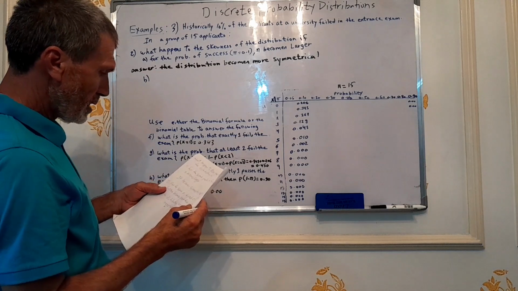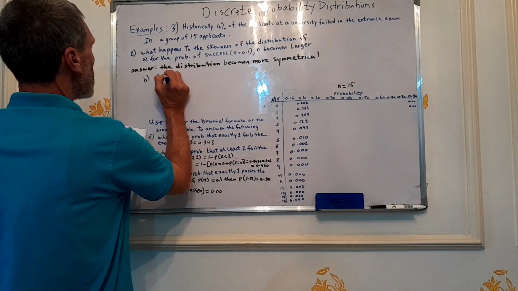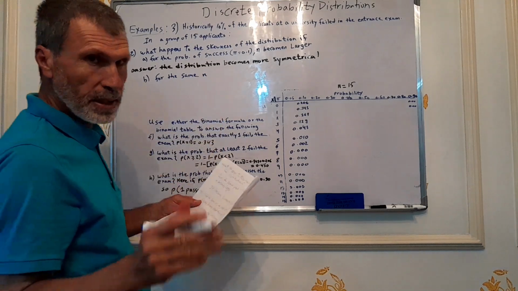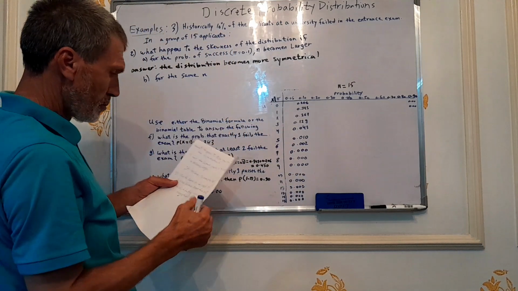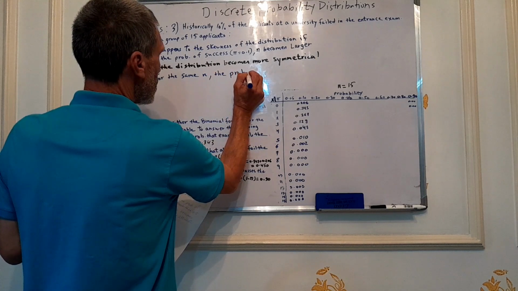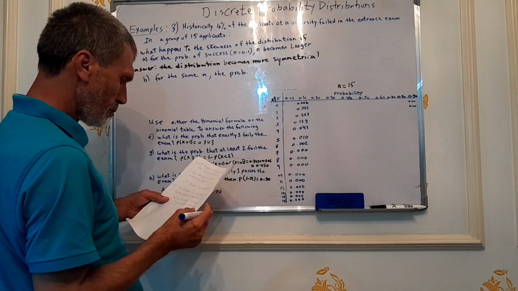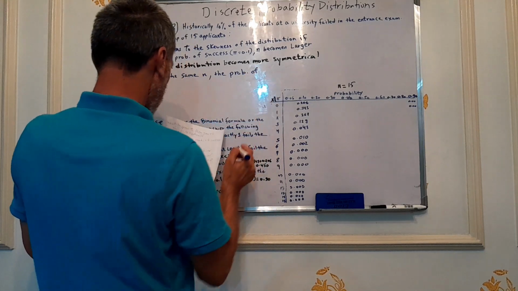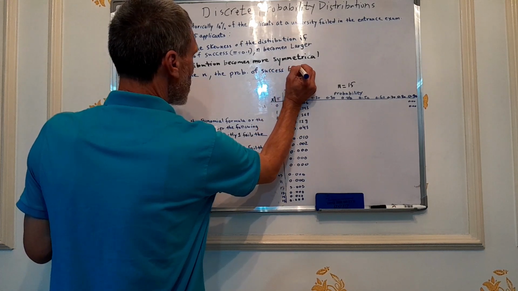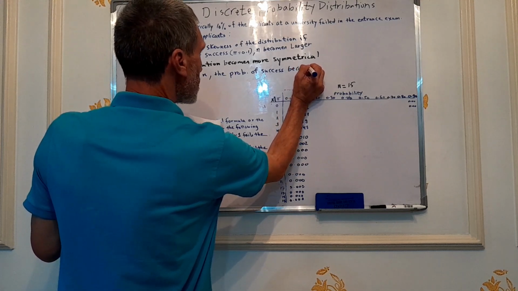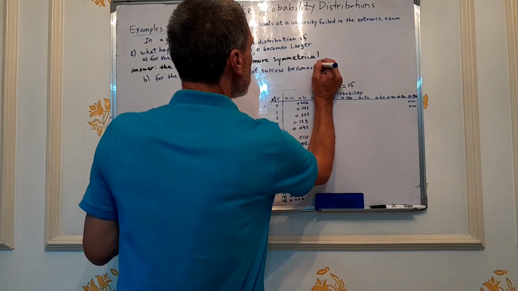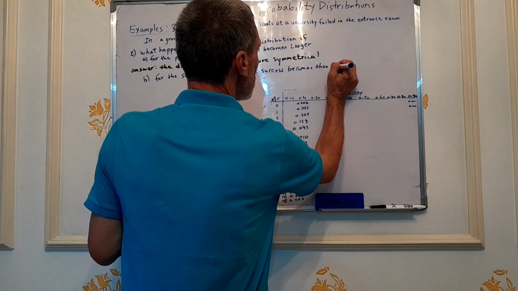Okay, now B says, for the same n, the number of tries, which is 15, the probability of success becomes greater than 0.5.